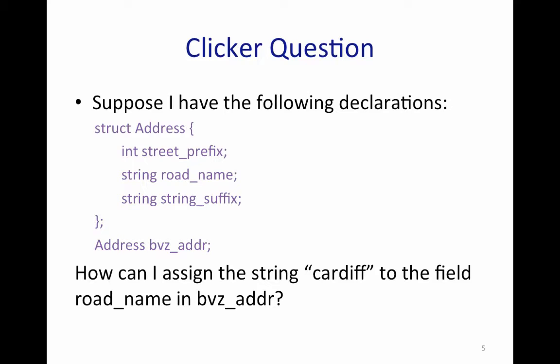Okay, so I am assigning the string Cardiff to the field road name in BVZ adder. So BVZ adder is my variable name, and I then use a dot to separate it from the road name, and I assign it Cardiff.